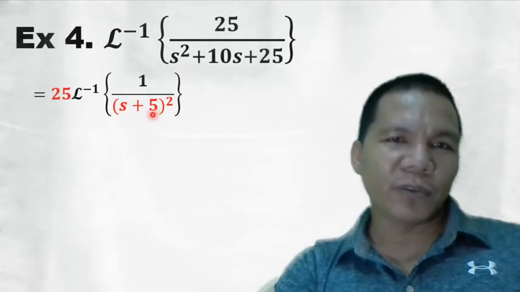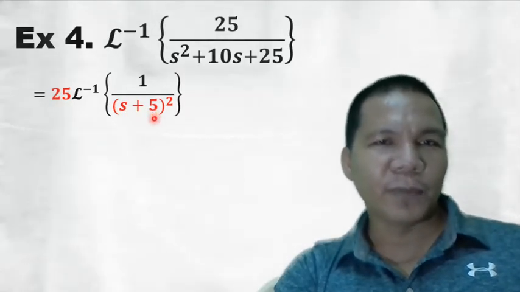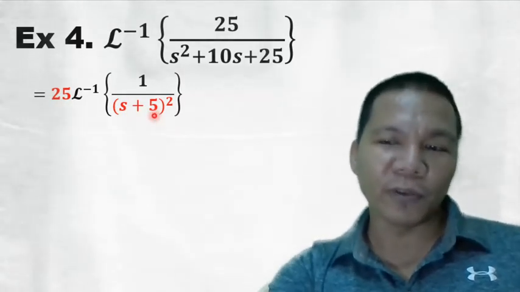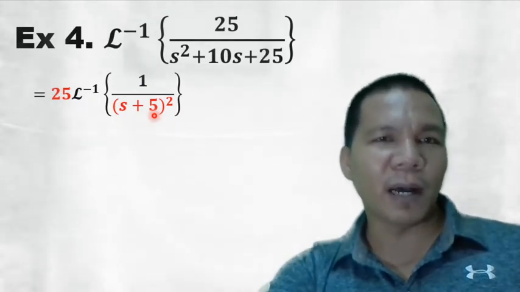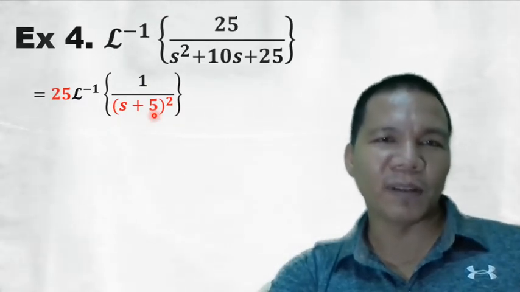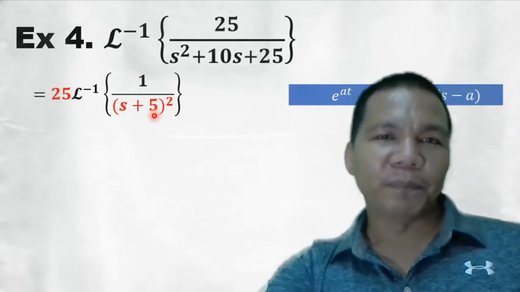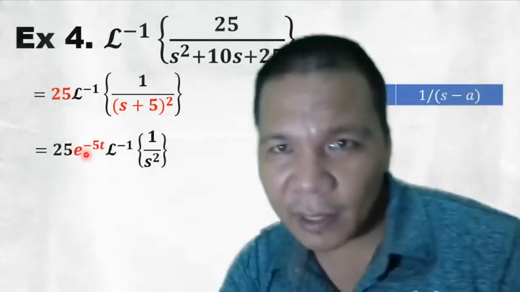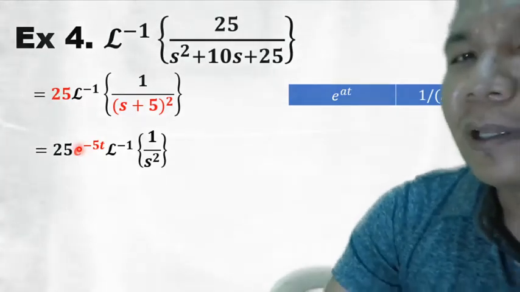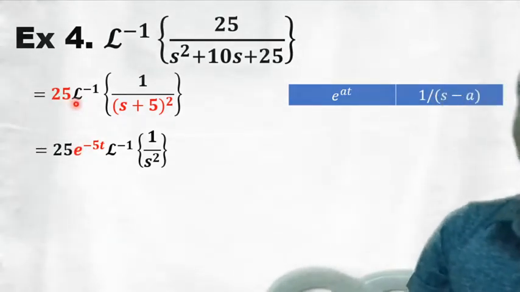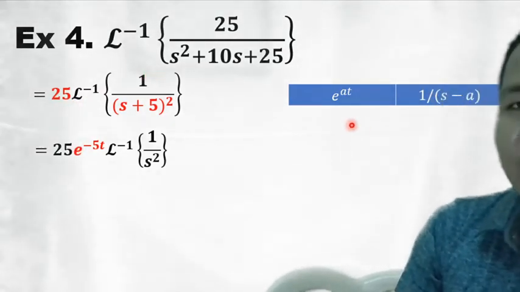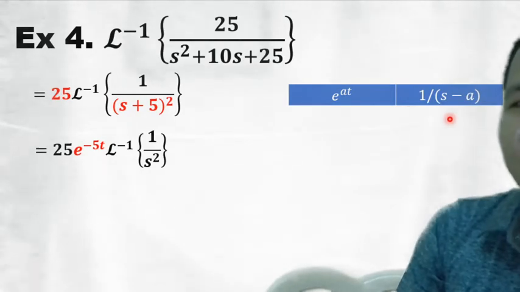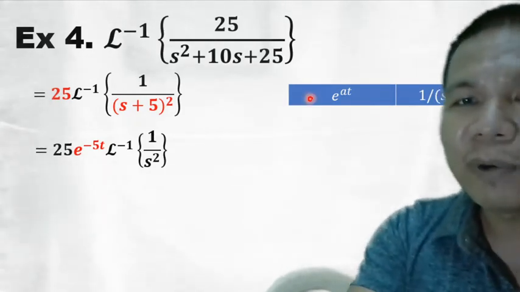So what are we going to do with 5 here? We will take that out. So if we are going to take 5 outside of your inverse Laplace transform sign, it will become e raised to minus 5t. By the way, never mind this one.